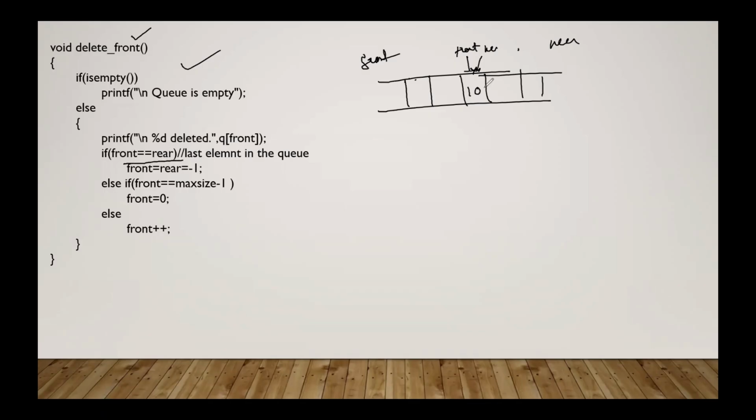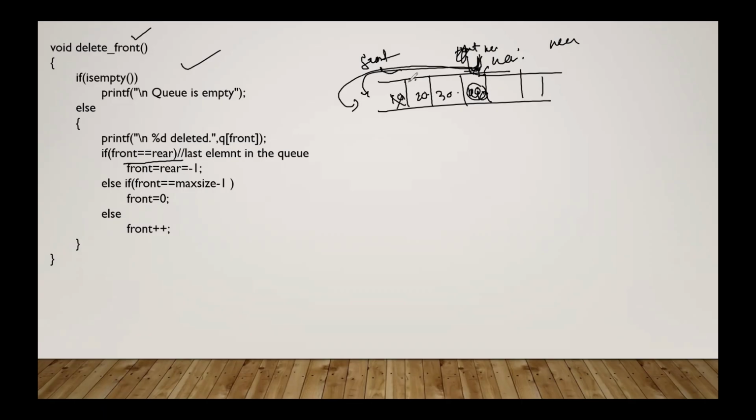So if front equal to rear, both are the same. After deletion, we make the front point to this one, and the rear also point to this one, because after that there is no data present. Previously, data was present. For example, data was present one by one up to 40, and after insertion, this is the rear data.